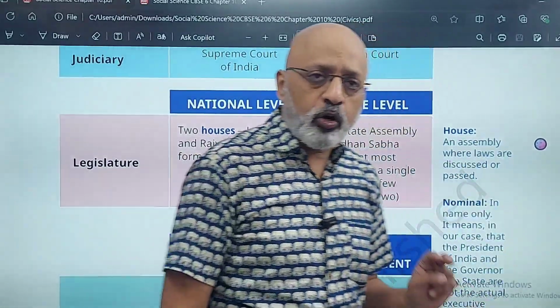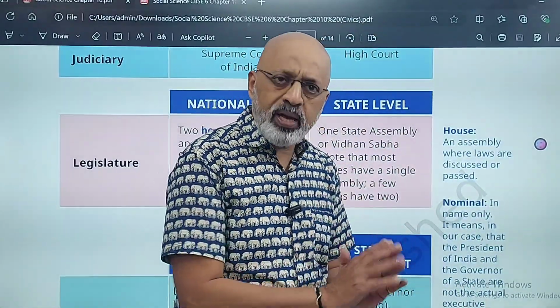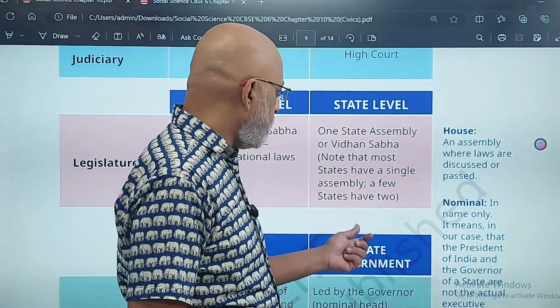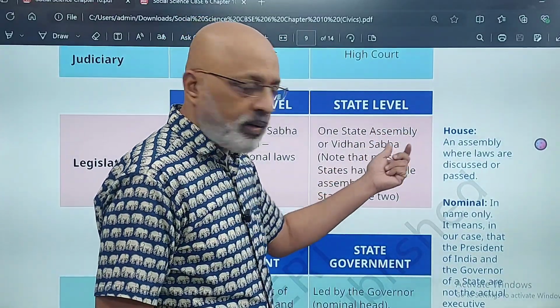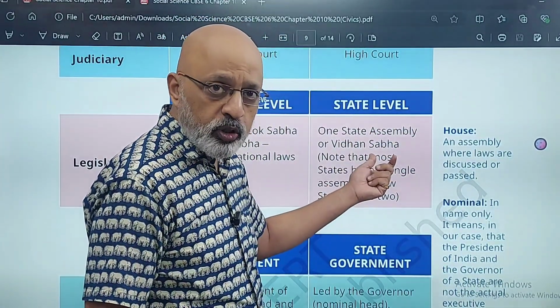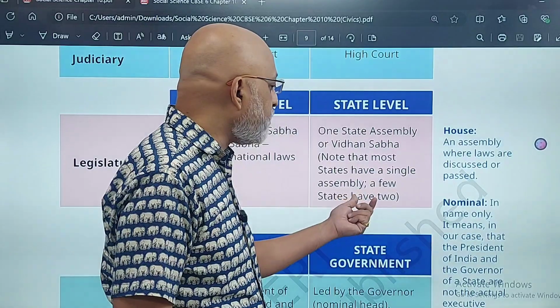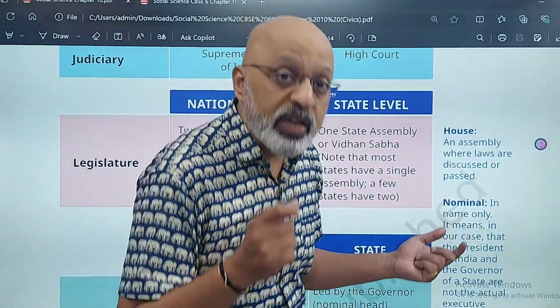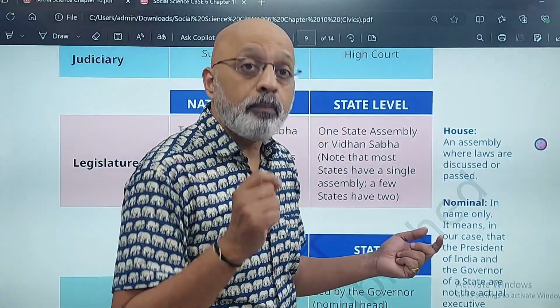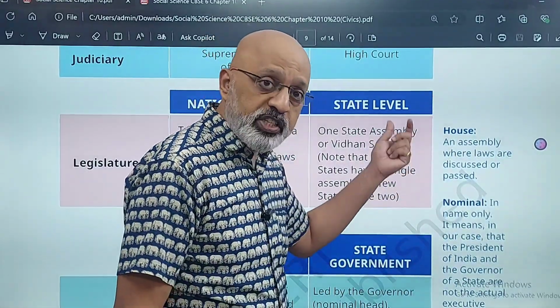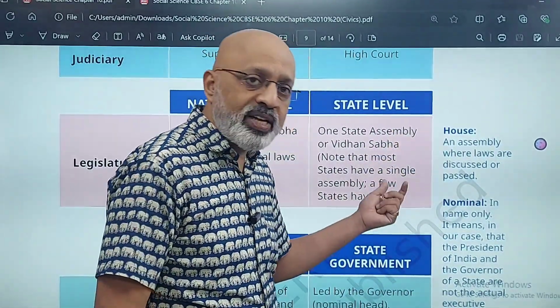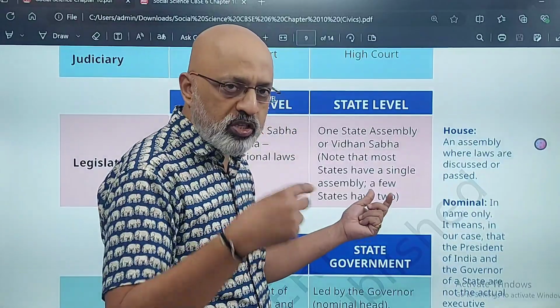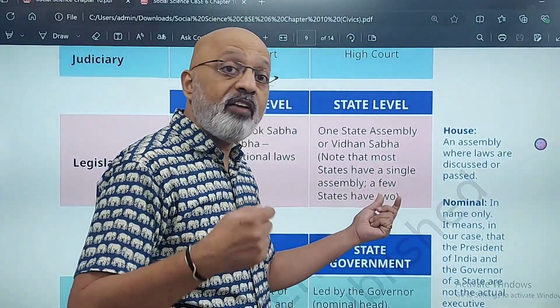Similarly, at the state level also, some states have only the state assembly, जिसको विधानसभा बोलते हैं हिंदी में. Some states have 2, which is called the legislative council या विधान परिषद. विधान परिषद, विधान सभा, which is legislative assembly. Some states have what is called the 2 houses, the bicameral structure, where they have Vidhan Parishad.